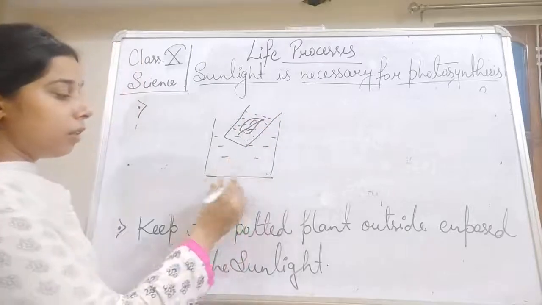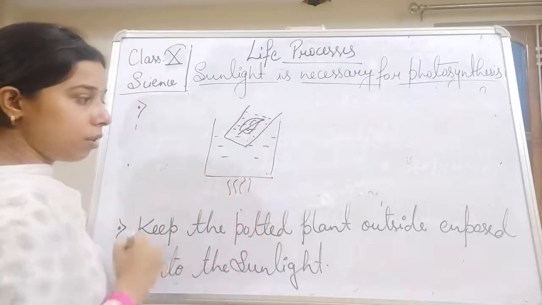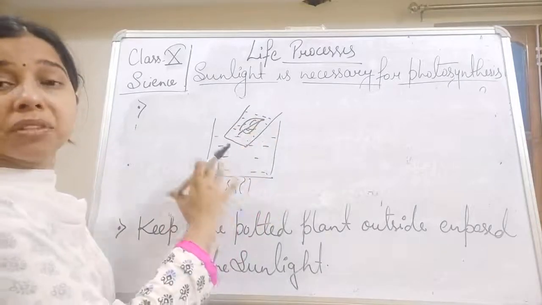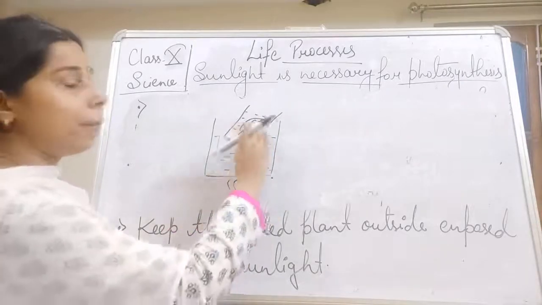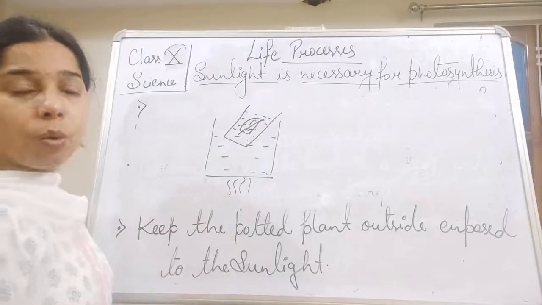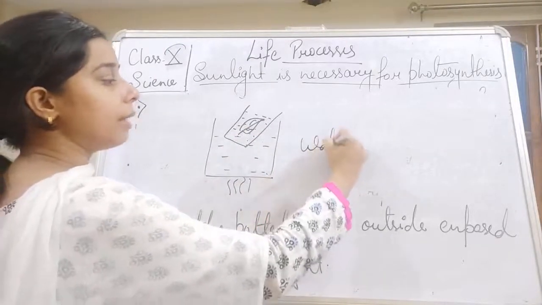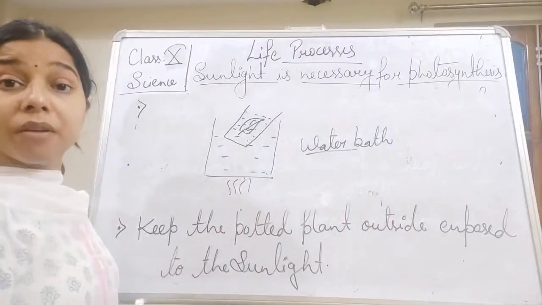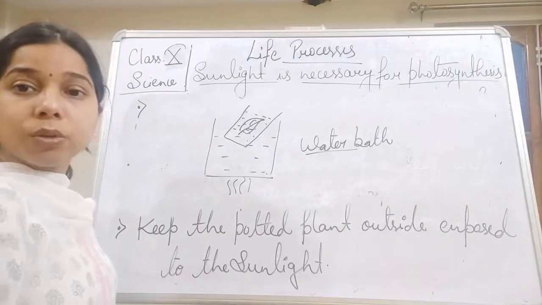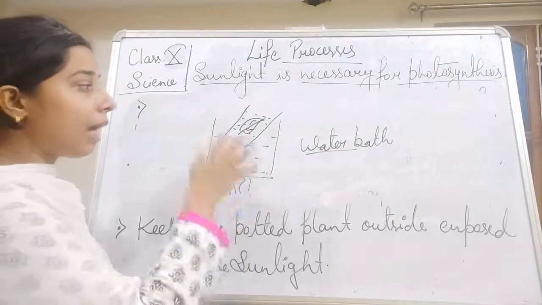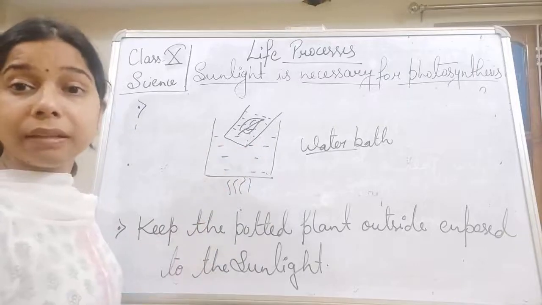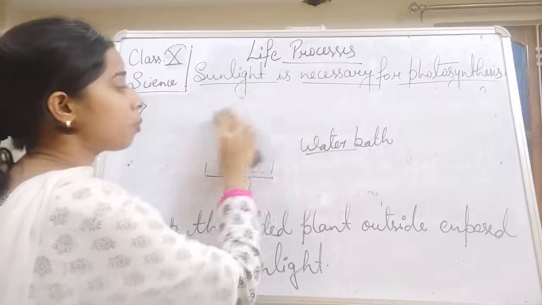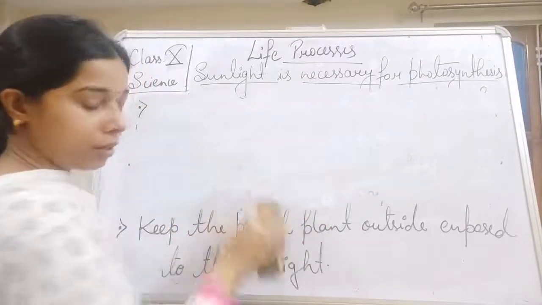When the heat reaches the water, the water starts boiling, and the heat of this water will help in heating the alcohol. The term that we use for it is water bath. So we will use alcohol in a water bath, and that alcohol will help in removing the green color of the leaf. Okay, so this is the next point, and a very important point.